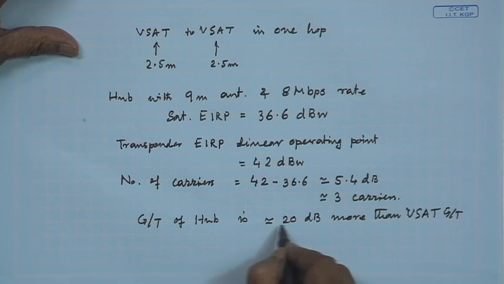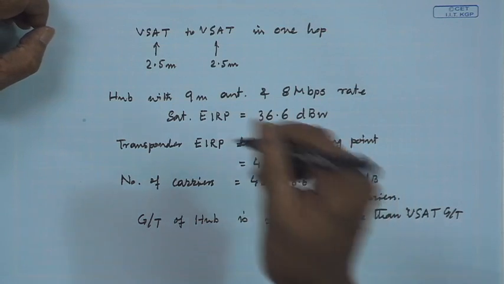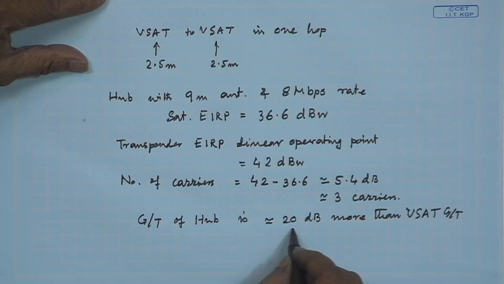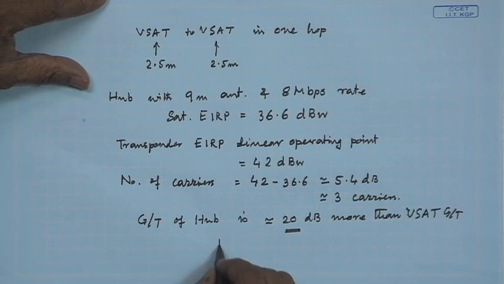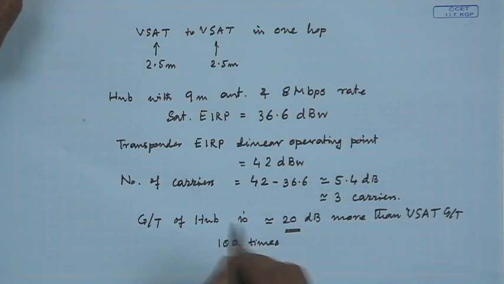Since this is 20 dB more, from the satellite the EIRP per VSAT carrier could be 20 dB less to maintain that. And what is the 20 dB? 20 dB is equal to 100. So, there are 100 times more carriers that can be used for VSAT to hub.